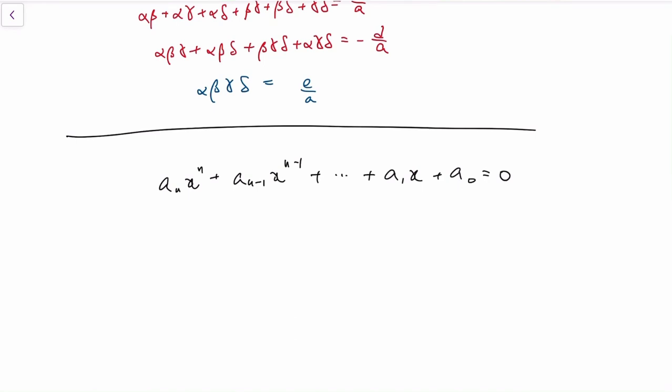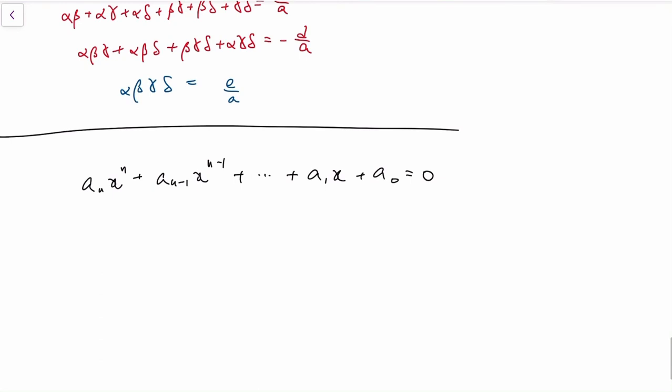Alright, then the b becomes a_(n-1) because, you know, if n is bigger than 26, then we'll run out of alphabets. If you have a polynomial of power n, then in general it should have n roots. We call them alpha 1, alpha 2, so on and so forth, up to alpha n.